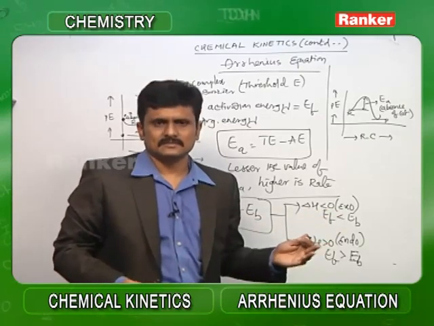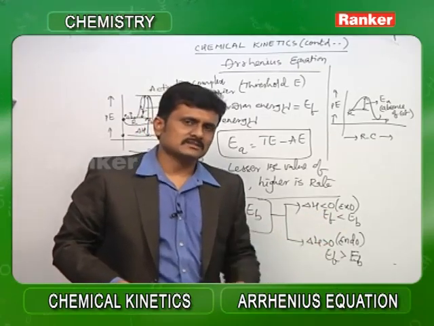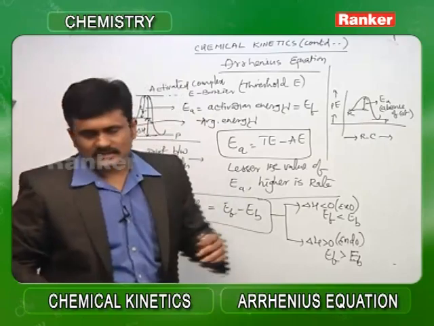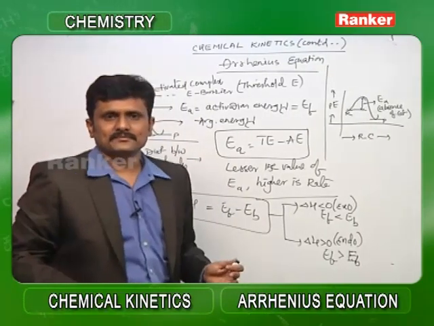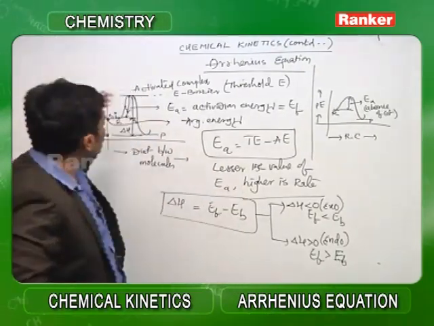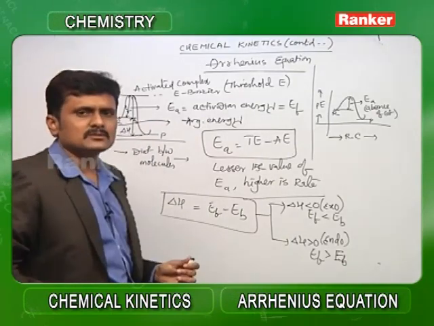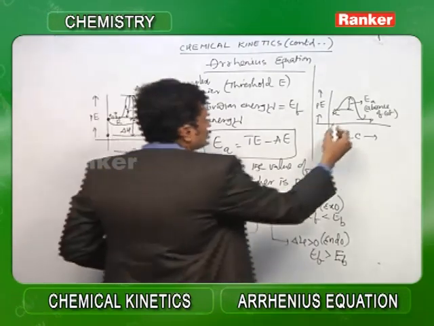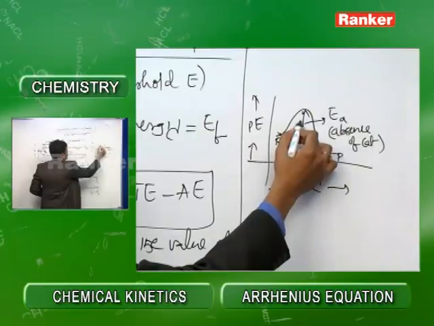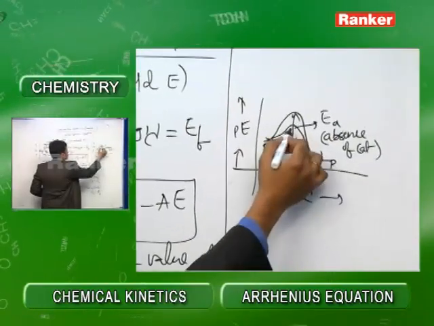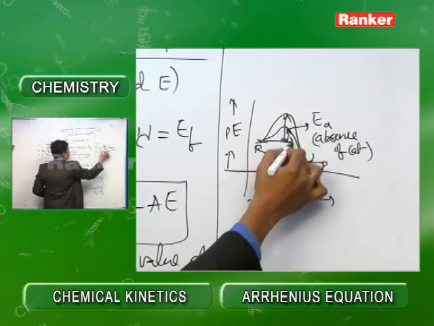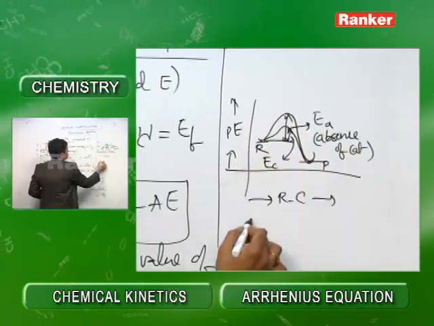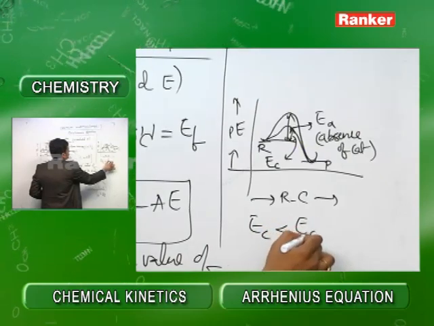Negative catalyst or poison. The positive catalyst, we say, lowers the activation energy. Remember my dear students, this activation energy is a constant value, but this catalyst is going to provide an alternate path where the activation energy is lesser than anticipated. Suppose this is EC, EC is less than EA.